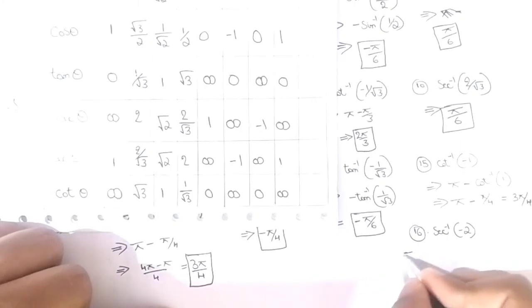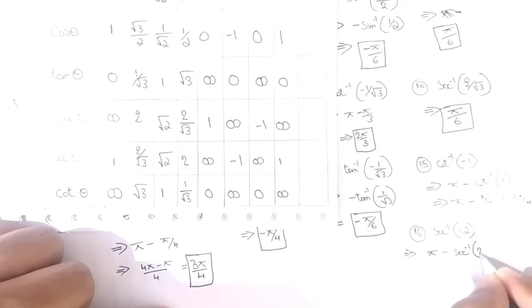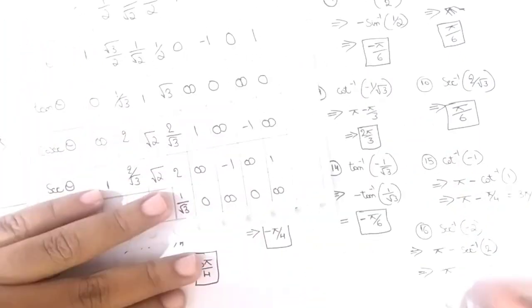The last one, secant inverse of minus 2. For secant also we subtract from pi the same positive number. Pi minus secant inverse of 2, where secant inverse of 2 is pi by 3, 60 degree, so pi minus pi by 3 is 2 pi by 3.